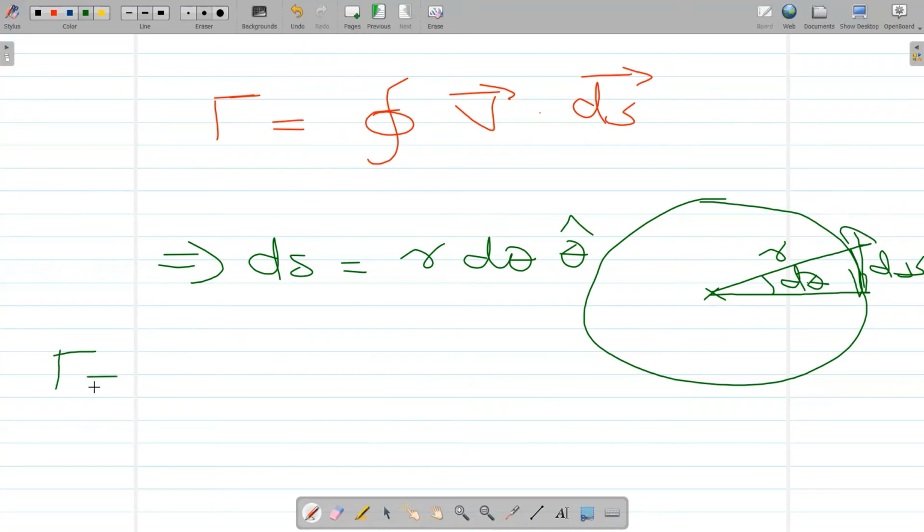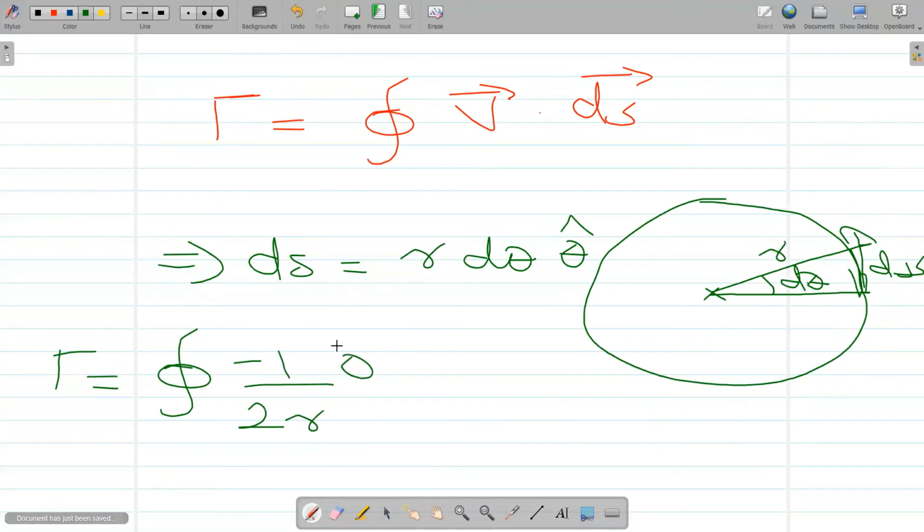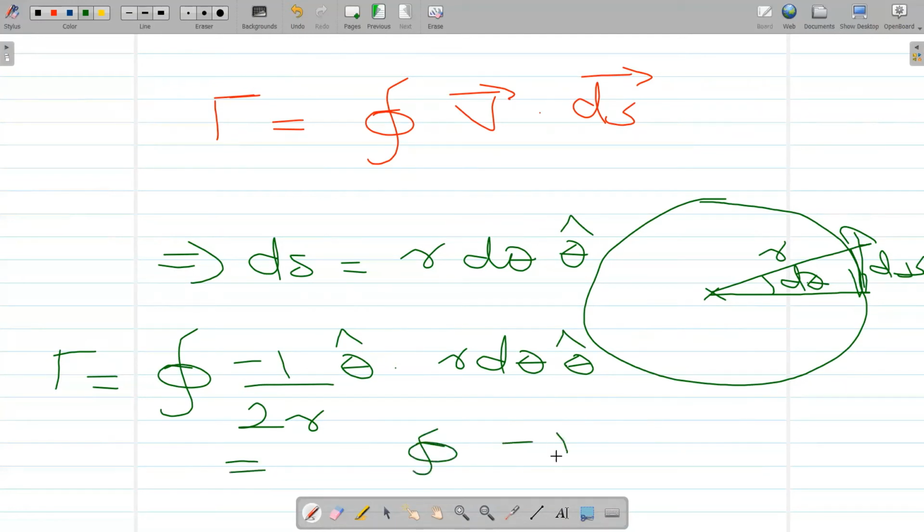So my gamma here is going to be nothing but the line integral of v, that is minus 1 by 2r theta cap, dot producted with r d theta theta cap. So since both are in the theta cap direction and it's a dot product, I can write my gamma as the line integral of minus 1 by 2r into r d theta.